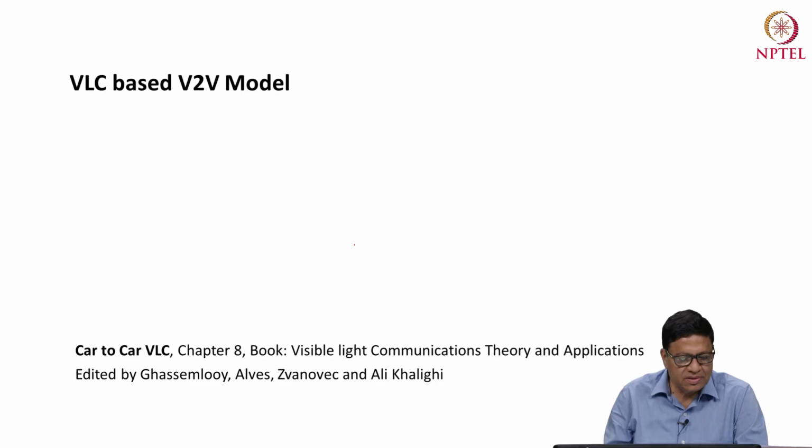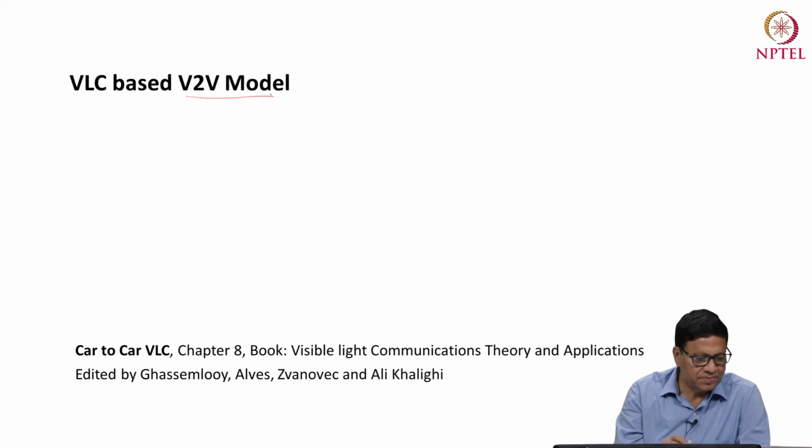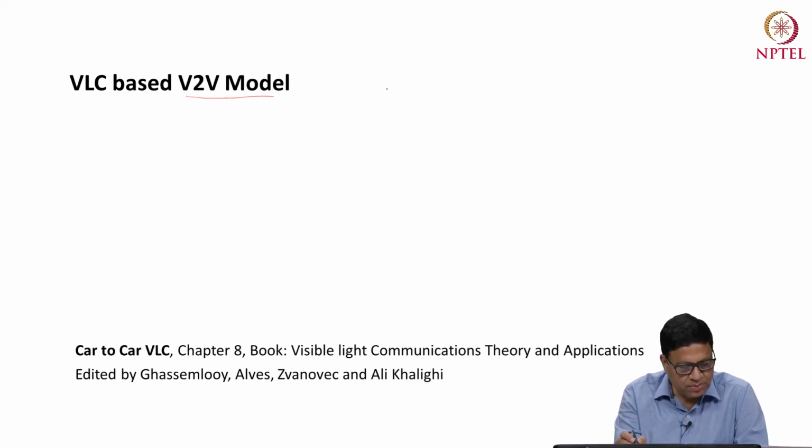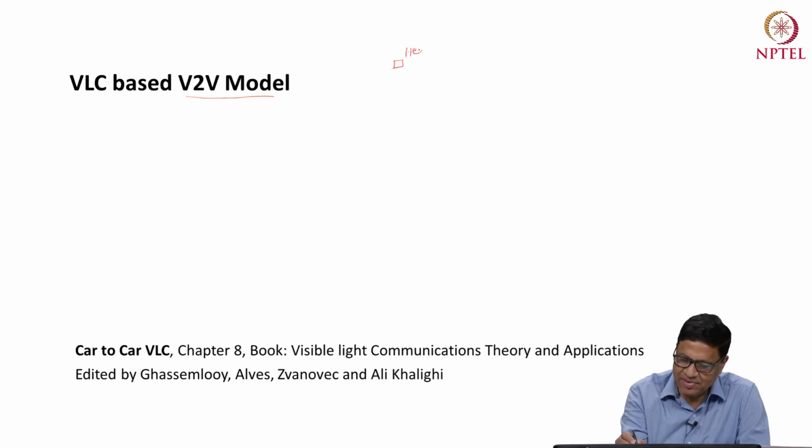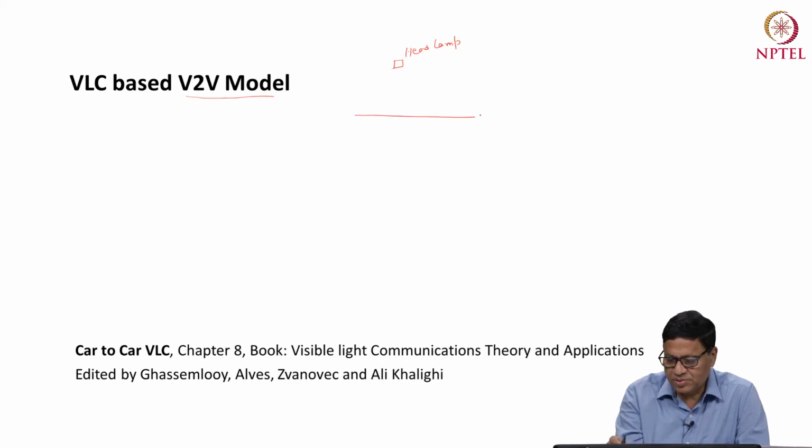Now let us try to understand a VLC-based V2V model. So suppose you have an LED here, the headlamp. This is the car headlamp, for example. And this is a road surface.